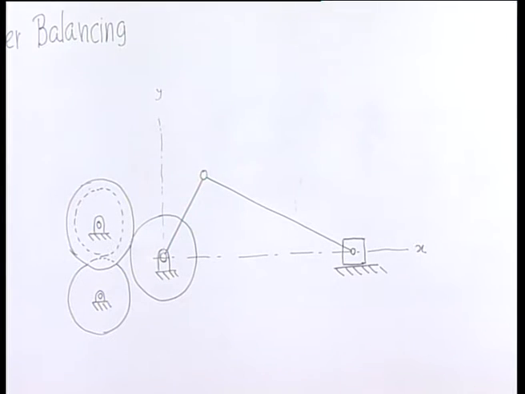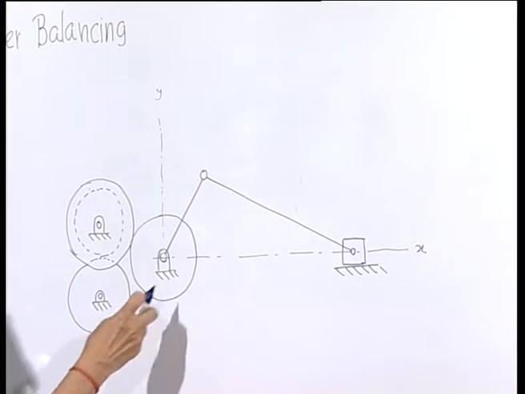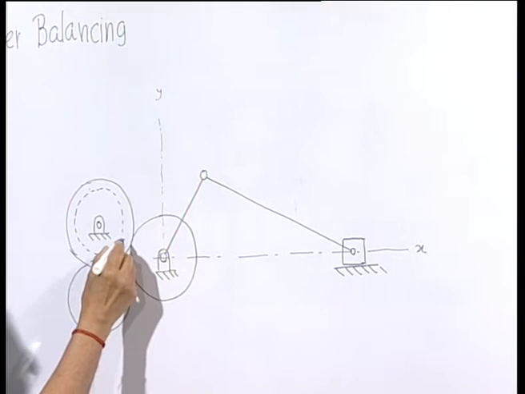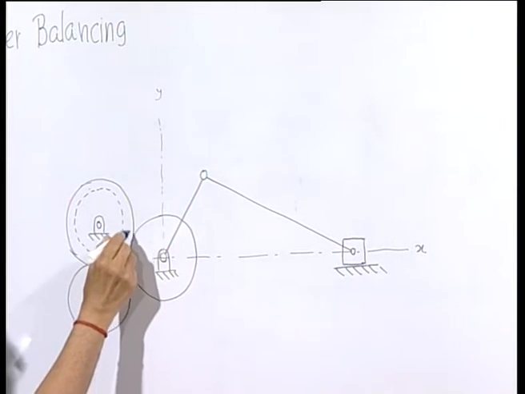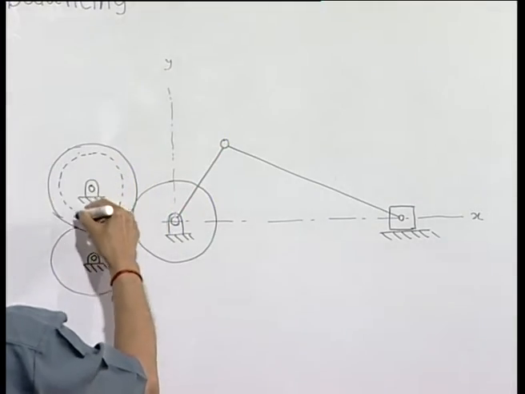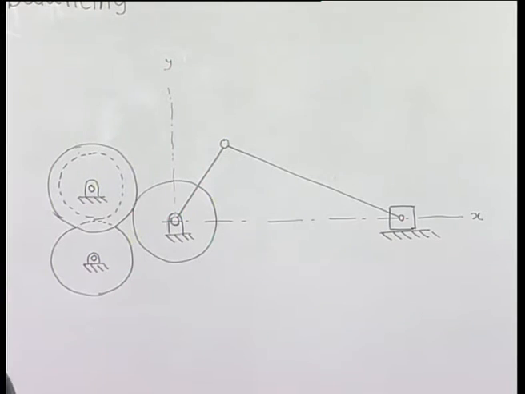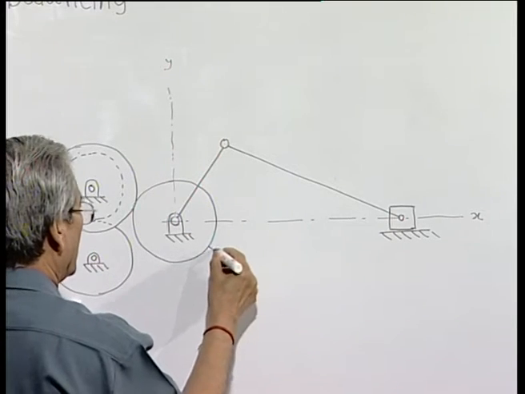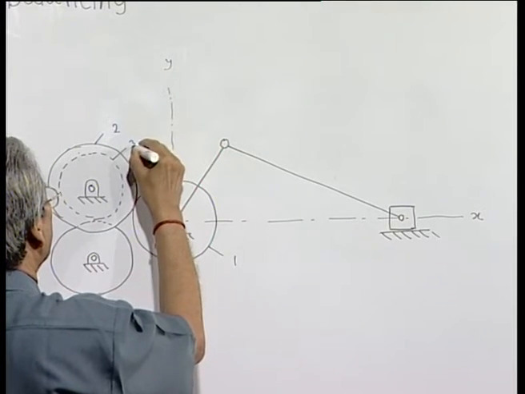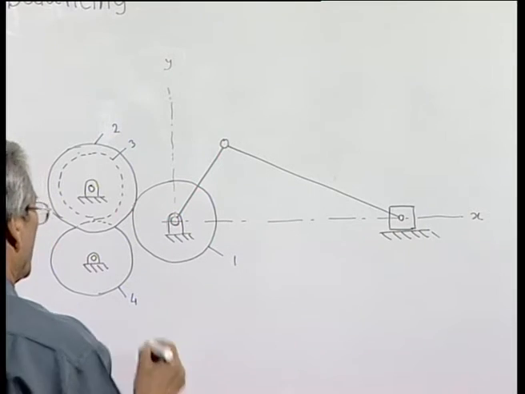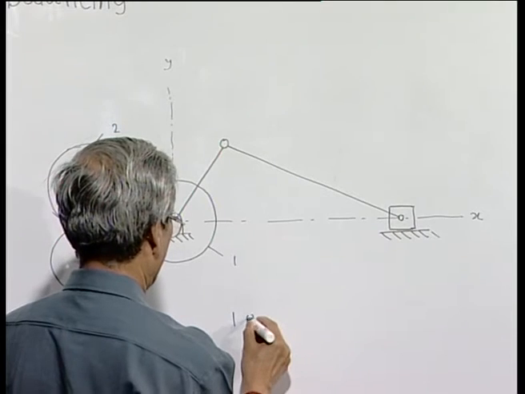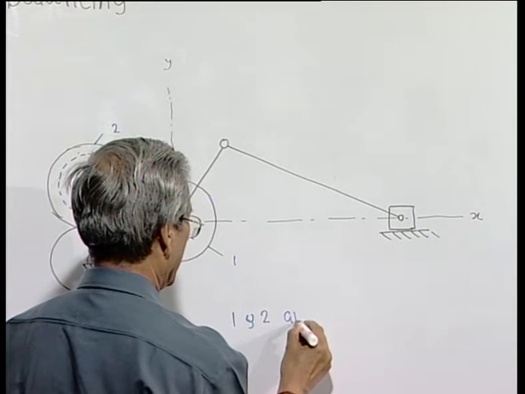So, here we have attached a gear 1 of some radius. We have attached or connected an identical gear with this, which is again a composite one with a smaller gear attached to it directly. So, if it is gear 1, this is gear 2, this is gear 3, this is gear 4. So, here 1 and 2 are identical.